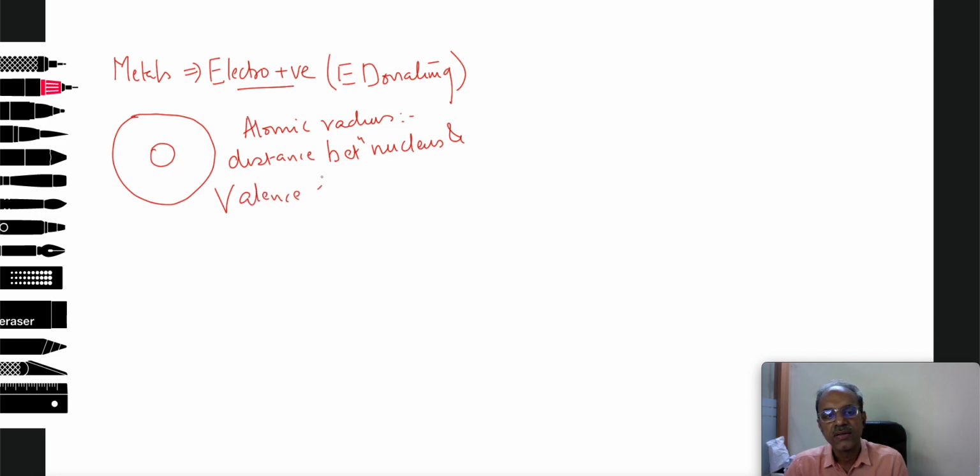Valence shell means last shell. Atomic radius is nothing else but distance between the nucleus and the valence shell. That means from here to here.